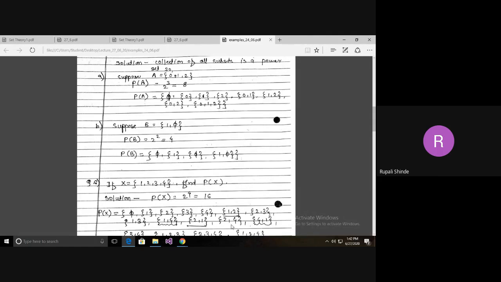Then {2, 4}, {3, 4}, {1, 2, 3}, then {2, 3, 4}. Likewise, now count how many elements there are: 1, 2, 3, 4, 5, 6, 7, 8, 9, 10, 11, 12, 13, 14, 15 and 16. So there are a total of 16 elements if your set contains 4 elements.